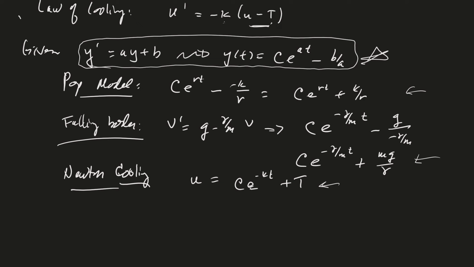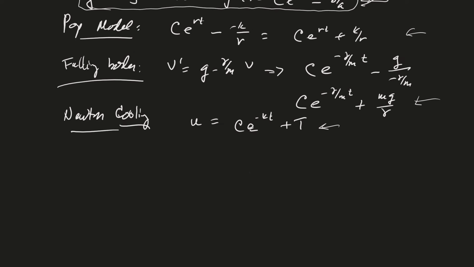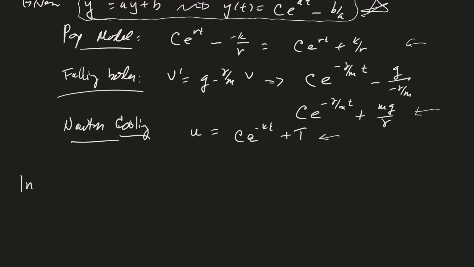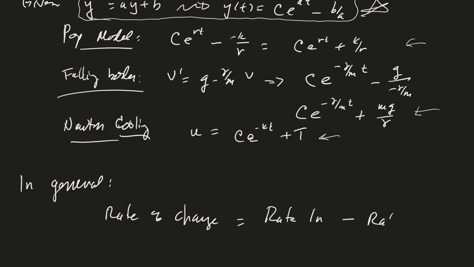Okay, very good. All right, so now let's see, it's about 10 minutes in, so I'm going to pause here, and in the next video we're going to start our first model. And just in general, we're going to remember that the rate of change of something is equal to the rate in minus the rate out.